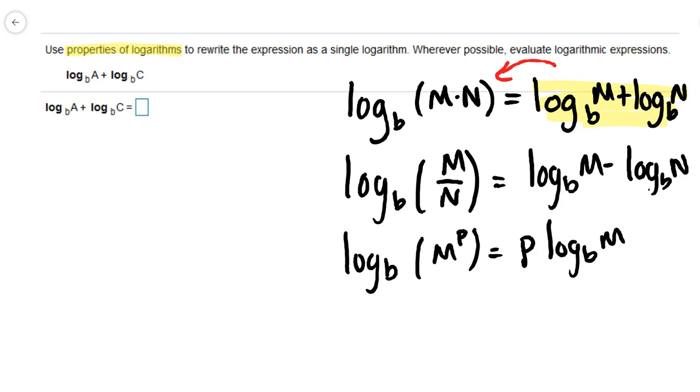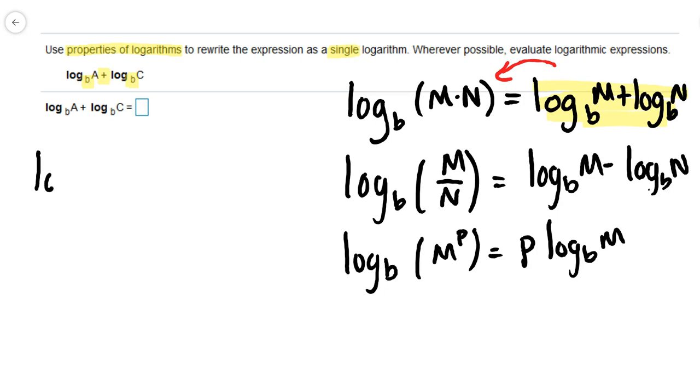Notice in the directions it says rewrite it as a single logarithm. So what I notice in my problem is that I have a plus sign. Both logs have the same base, so I'm going to be able to condense it using the product rule.